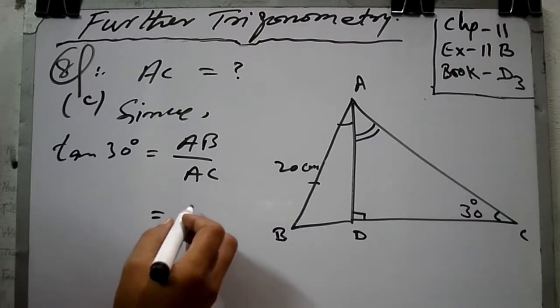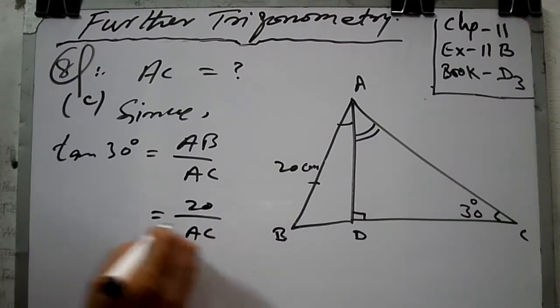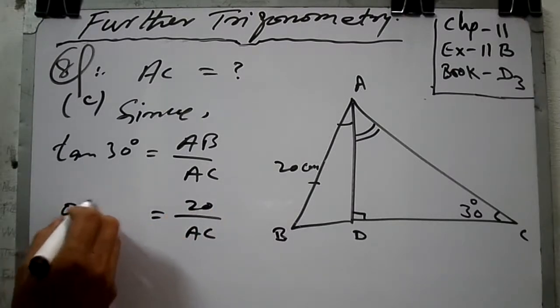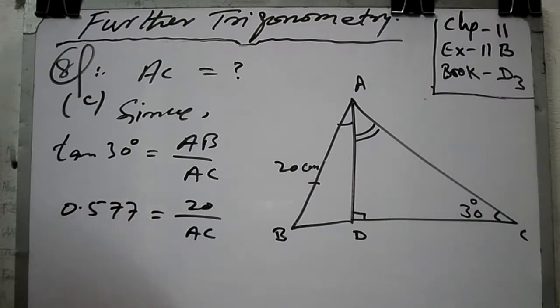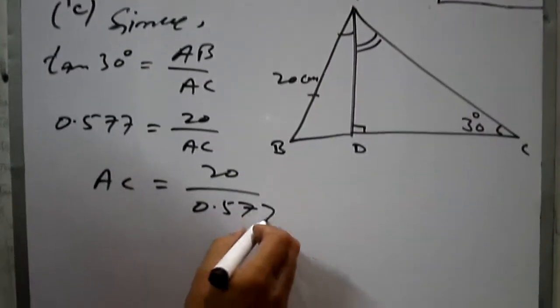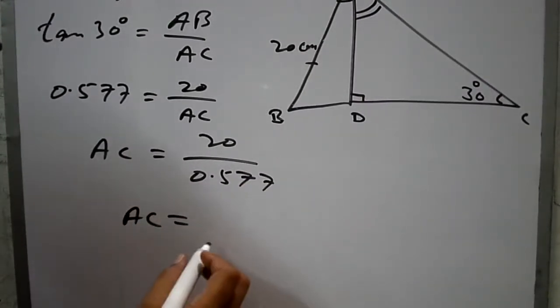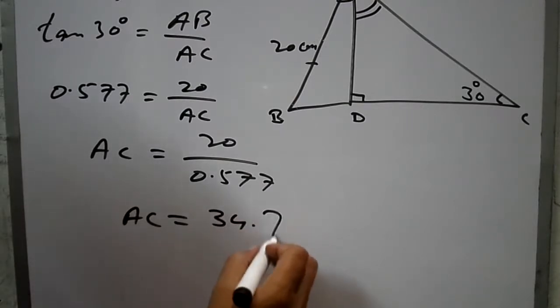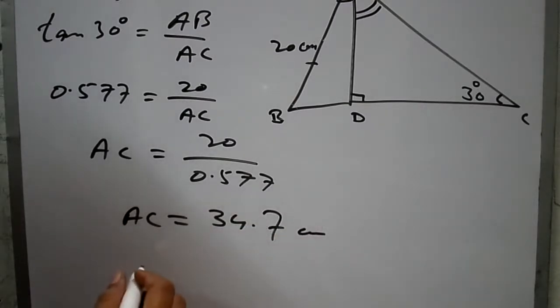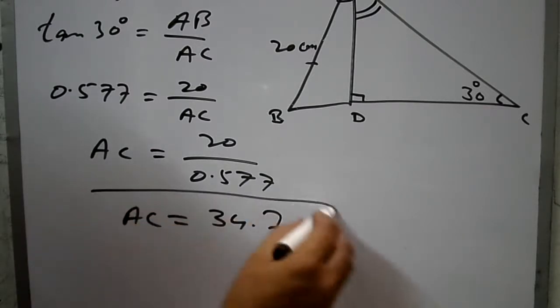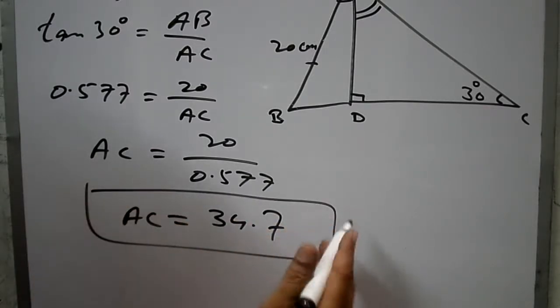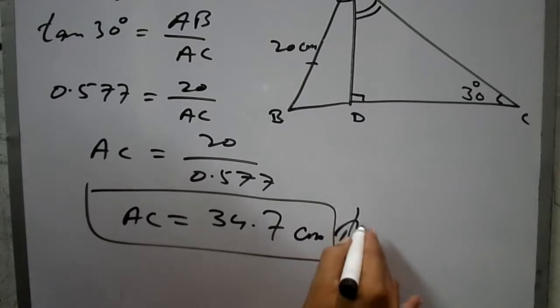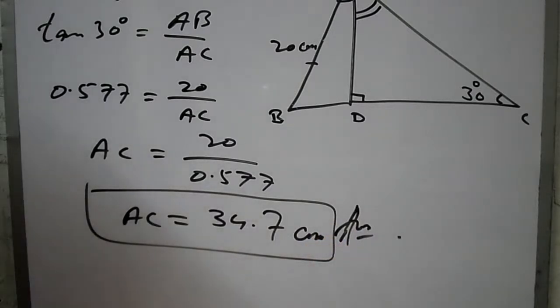So once again AB is 20, we have to find AC. Tan 30 is 0.577, and the value of AC by using cross multiplication is 20 divided by 0.577. So the value of AC after using calculator, that is your centimeter result. So that is the result.